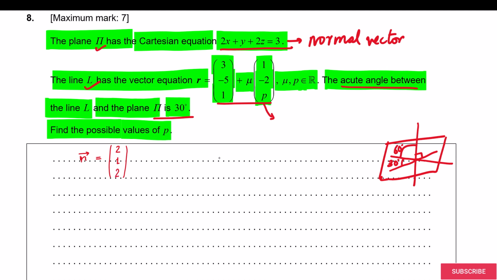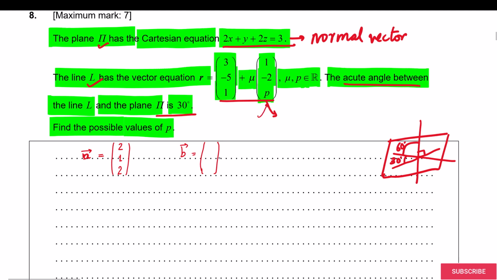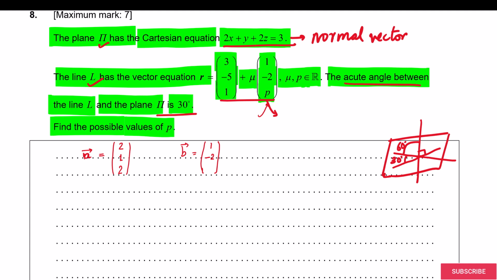And from the line, I'll take vector b as the vector parallel to the line, which is of course (1, -2, p). So the angle between vector a and vector b is 90 minus 30 degrees, which is 60 degrees.